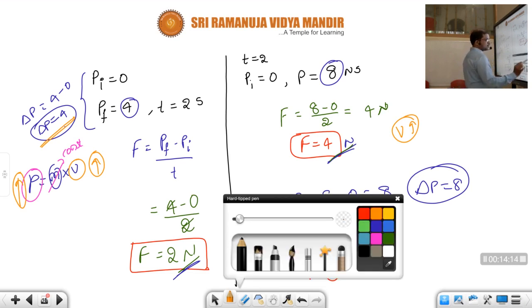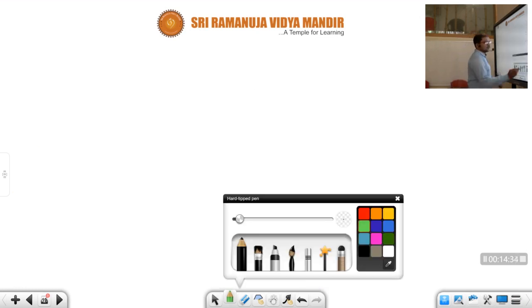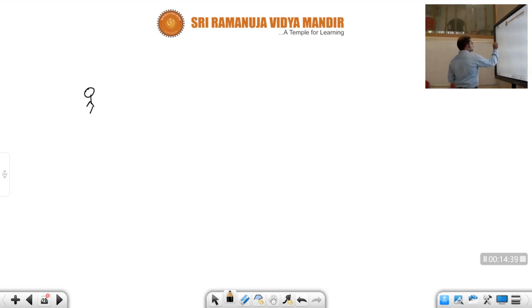Okay, children, so what can we say from this? Whenever, keeping the mass constant, if we increase the velocity of the block, definitely the force created due to that will be more. I am saying this one in reverse manner, children. I will give you one example. Here 2 persons are there, children.